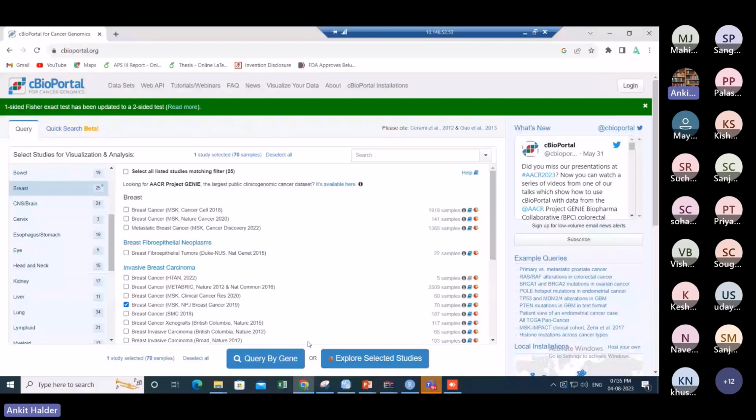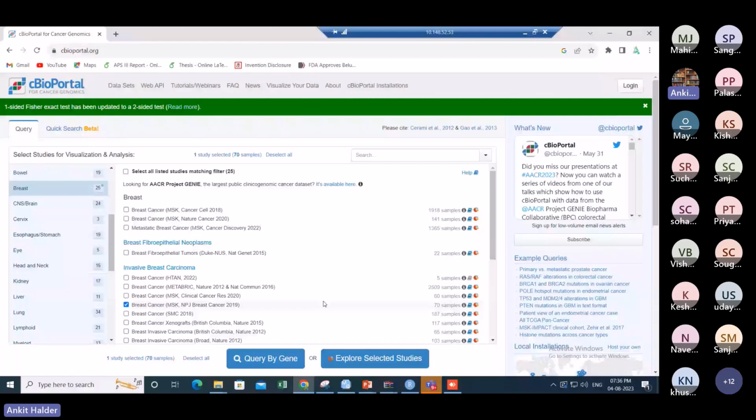Why these two options? If you are not aware of which particular gene you want to look at, and you want to look at the whole data sets, how they differ and how they appear in your particular cancer sets, or whatever you are interested in, you can go and search through it.